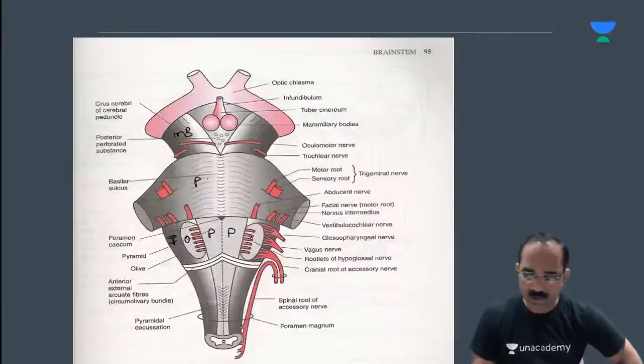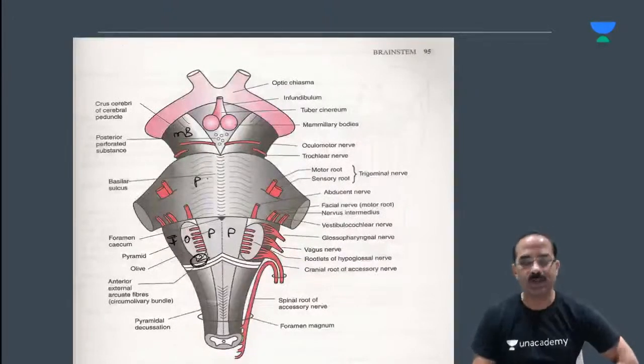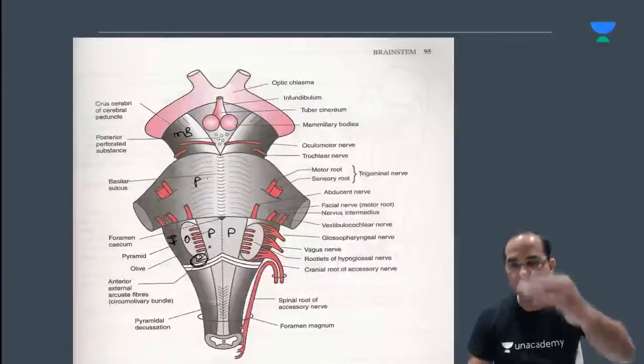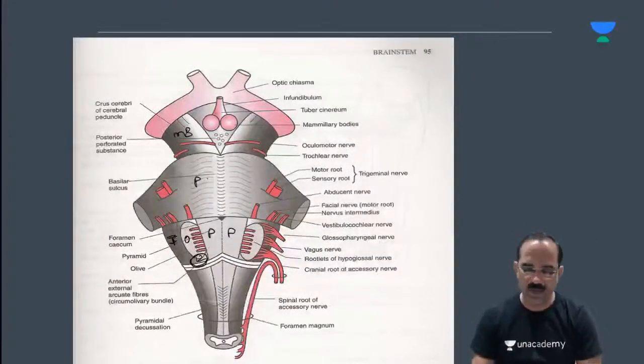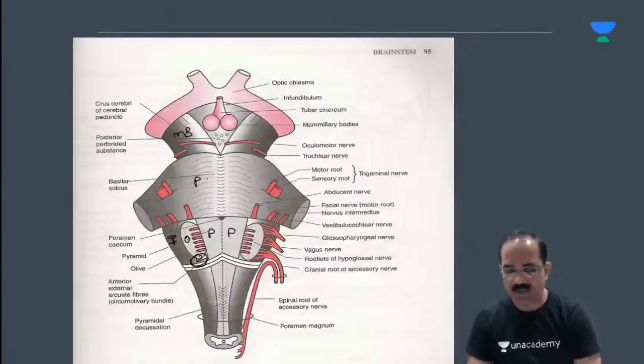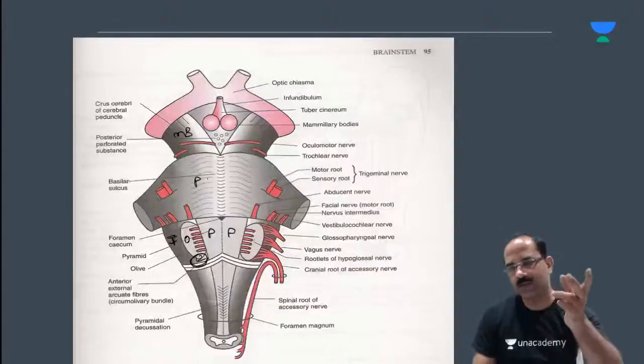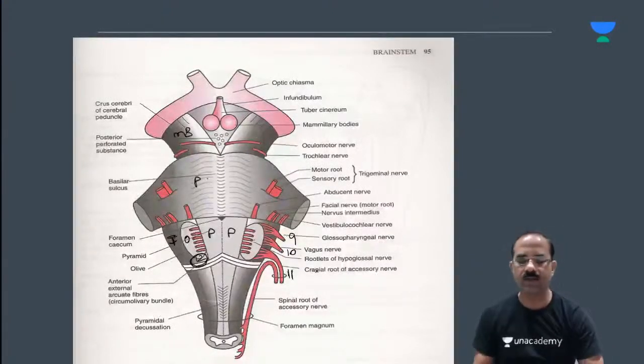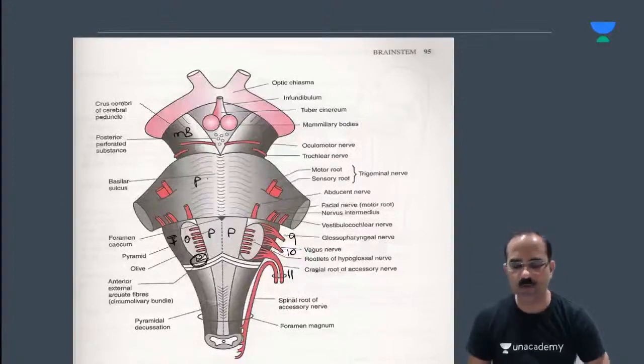Tell me, which is the nerve between the pyramids and the olives? That's the 12th nerve, hypoglossal nerve. The nerve between the olives and the inferior cerebellar peduncle is the 9th, 10th and 11th. Yes, perfect. Very good to all of you.